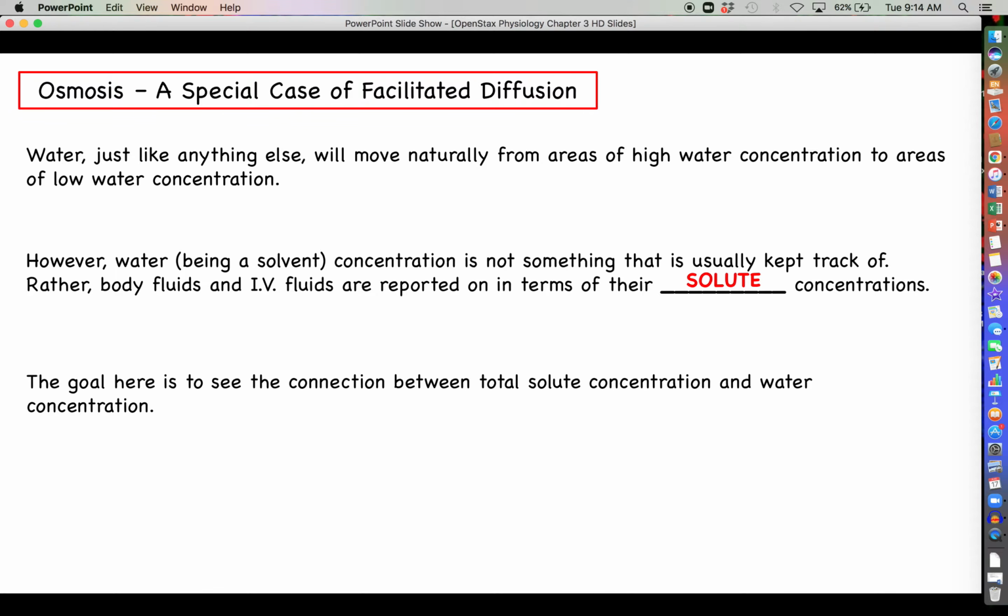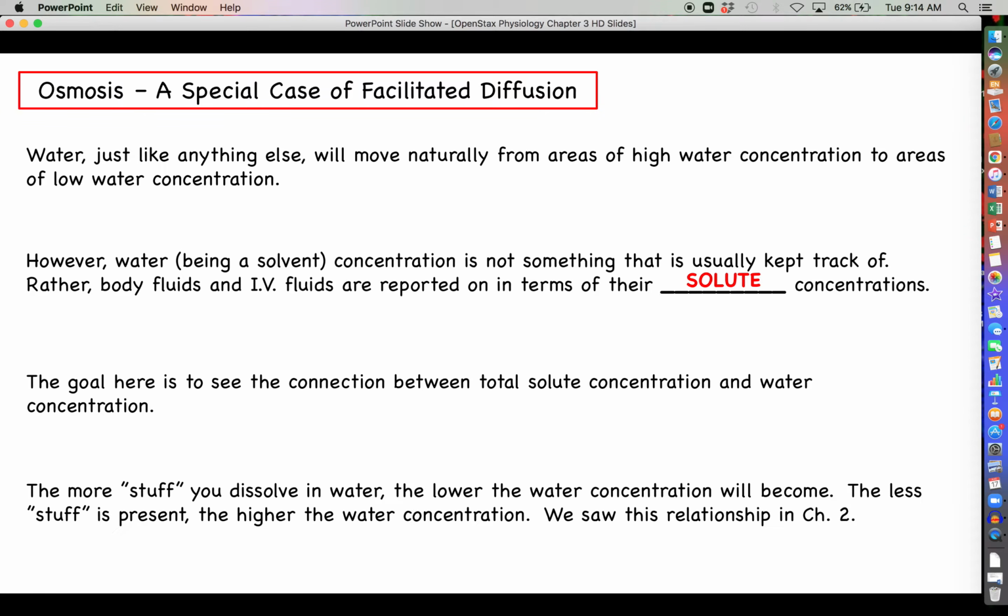That doesn't mean we can't do it, though. What we want to learn here is to see a connection between total solute concentration, not just one or two individual solutes, but all the solutes in a particular solution, and the water concentration.